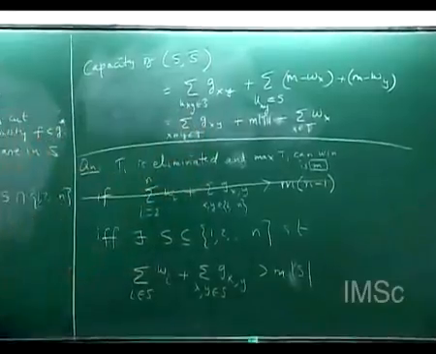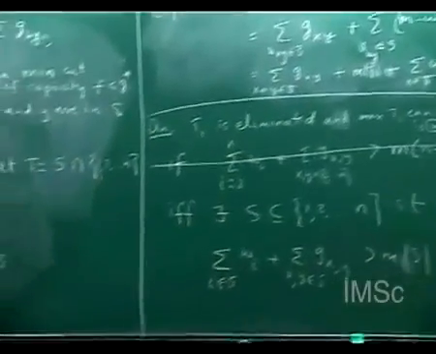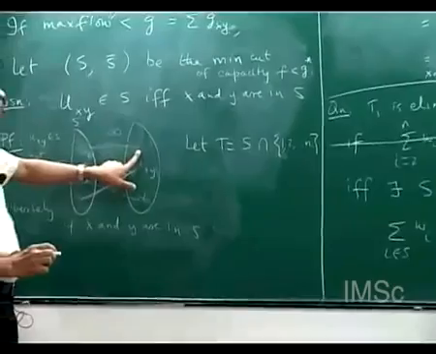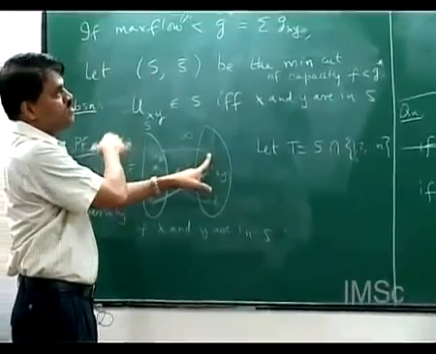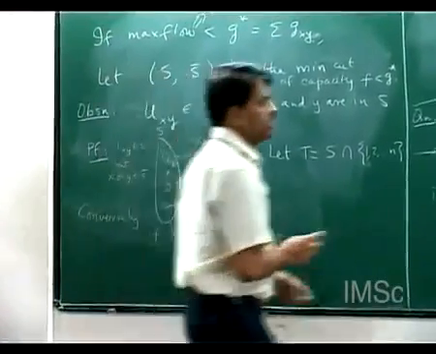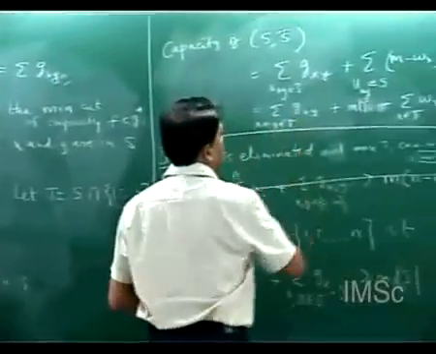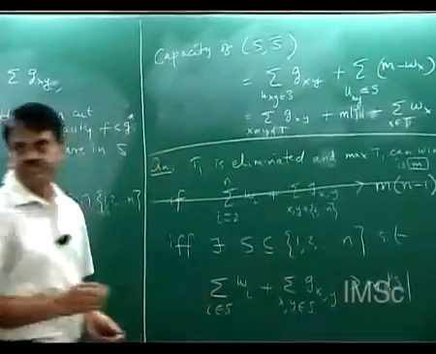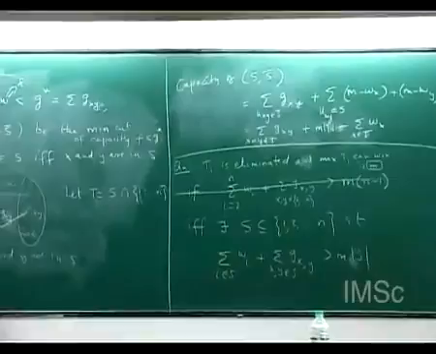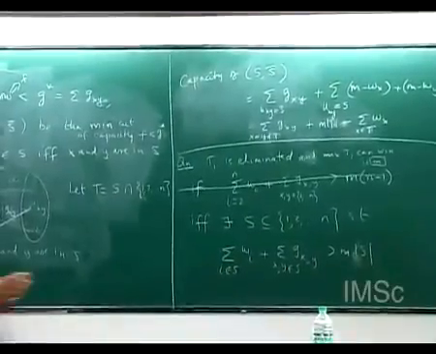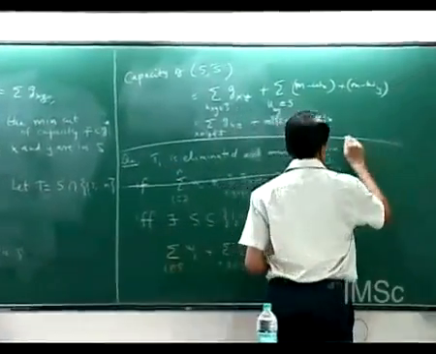So, if uxy is here, it means that you cannot have both x and y in S. So, one of them is not in S. So, I should write x or y is not in T. So, that is what I have. Let me complete it.